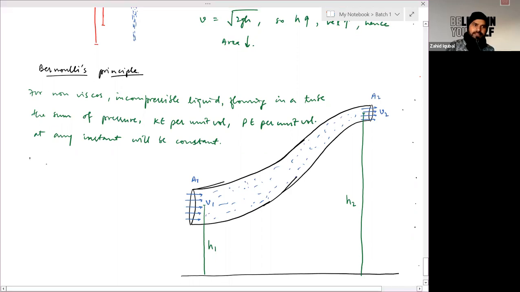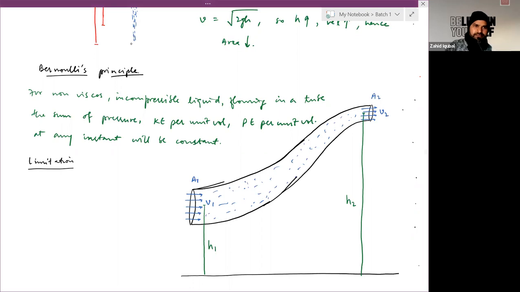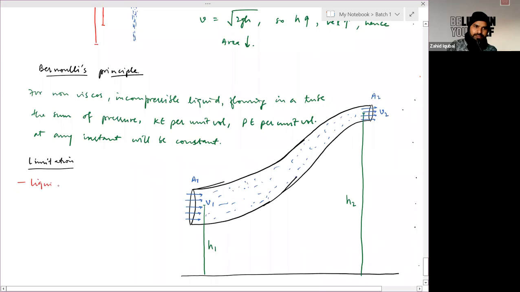You will say there is some limitation to this law. First is liquid should be incompressible. It should be non-viscous. Gravity should be constant.